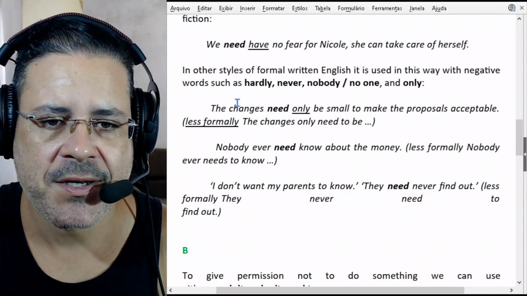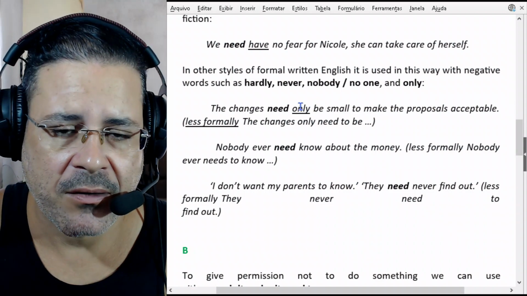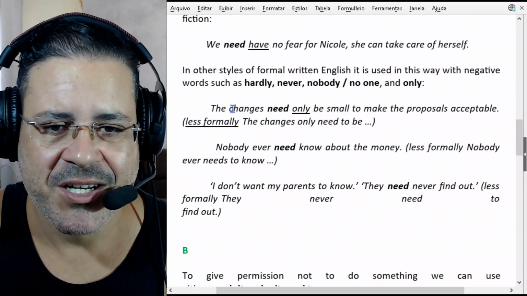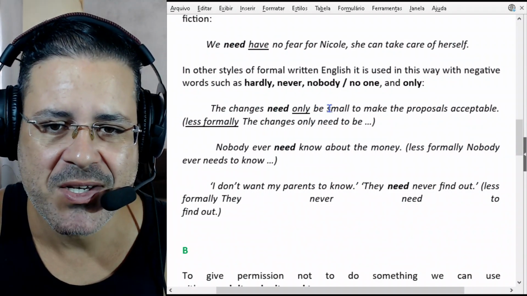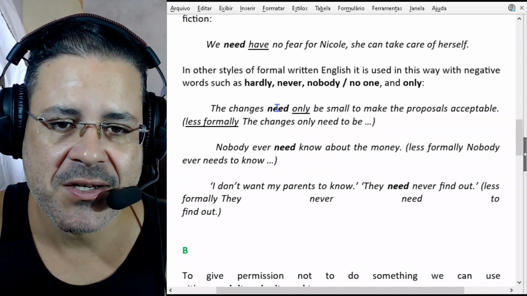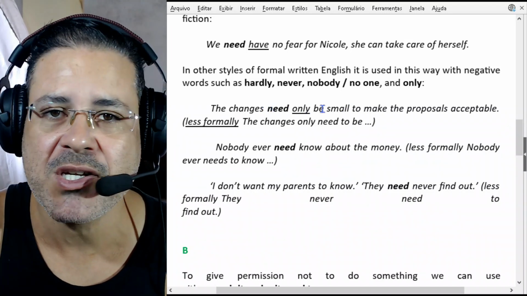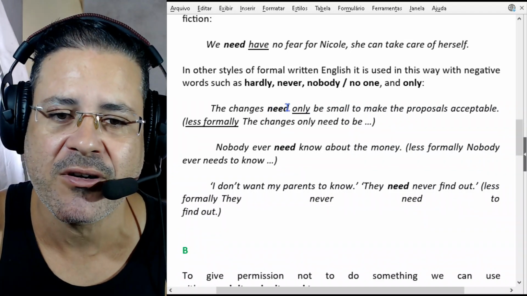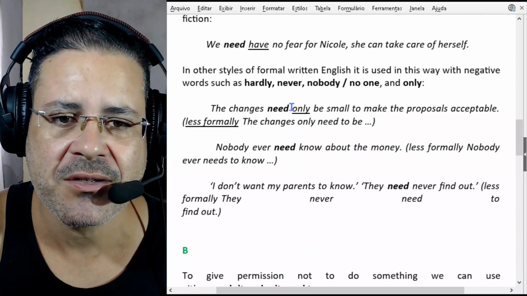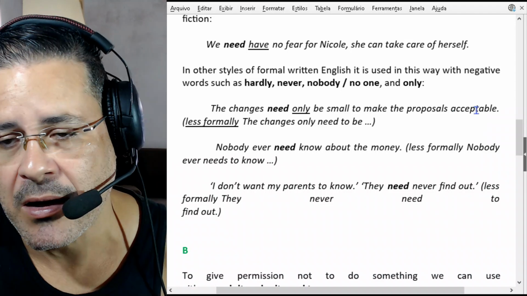In the first example, we've got a modal verb. The changes need only be small, that is, without to, not the changes need only to be small, because this is a modal verb, so it doesn't change its form.